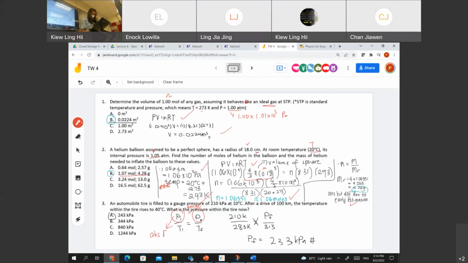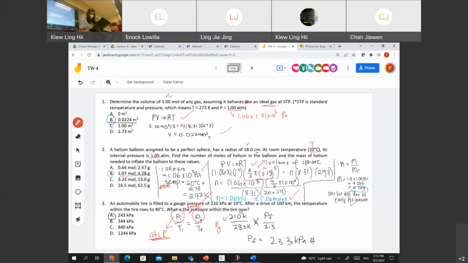Here your 210 kilopascal is gauge pressure, so if you put it inside, it is wrong. Here you get only 233, so basically this is not correct, but it is the nearest value. How to actually solve this? Remember, it must be absolute pressure.